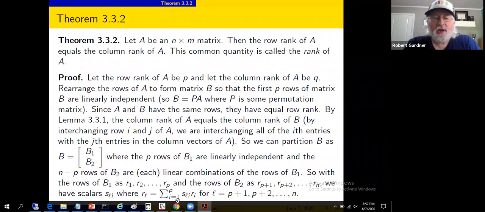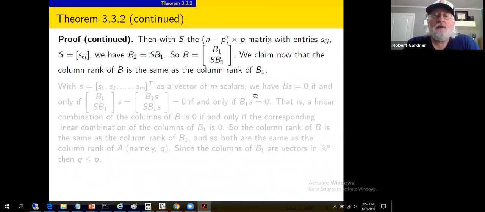I ranges from 1 to P. That's what I said. And L ranges, as the subscripts over here, from P plus 1 to N. Well, that's a range of N minus P, so the dimensions are right. The parameters are ranging over something else. I might need to adjust this, but we do get a matrix of that size.